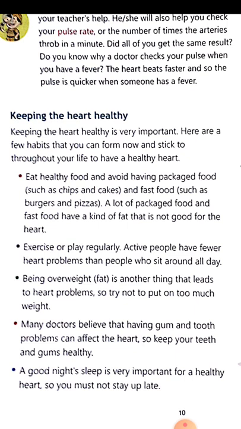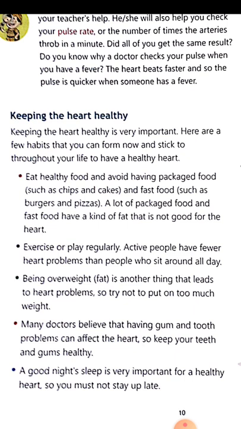Fat is another thing that leads to heart problems. So try not to put on too much weight. This is hazardous for people who are suffering from heart problems.